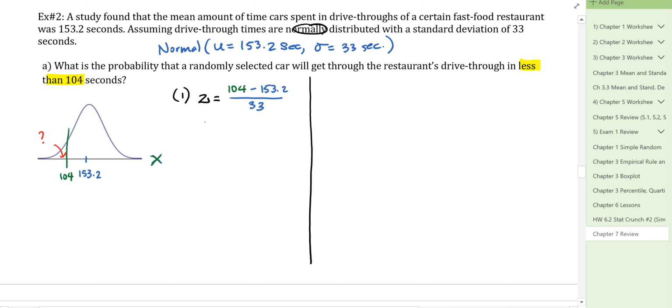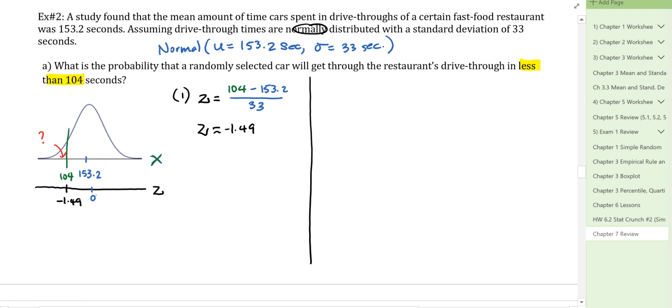Converting that, z is approximately equal to, with 2 digits, negative 1.49. Now I can draw another curve right below it. This is z, which is negative 1.49, and remind yourself z has a mean of 0 and a standard deviation of 1.